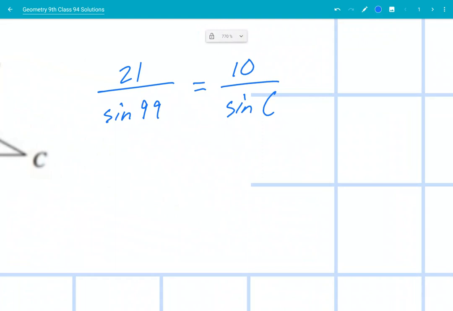All right, cross multiply. Boom, boom. 21 times sine of C equals the sine of 99 times 10. Sine of 99 times 10, you get 9.877.